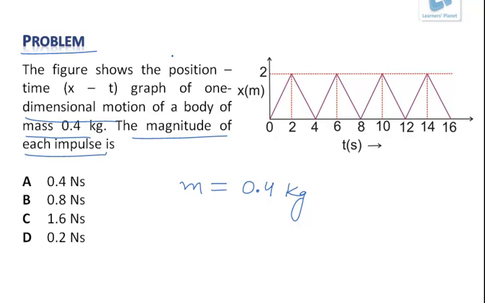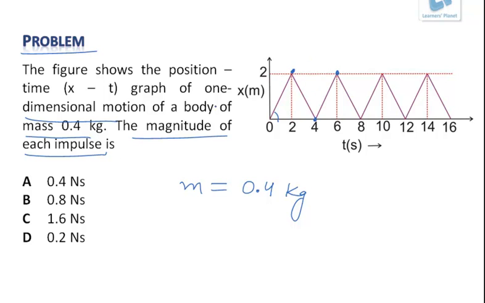Now you can see from the graph that initially it is moving with uniform speed because this is a straight line, but at t equal to 2, at t equal to 4, at t equal to 6, there is a change in the speed.